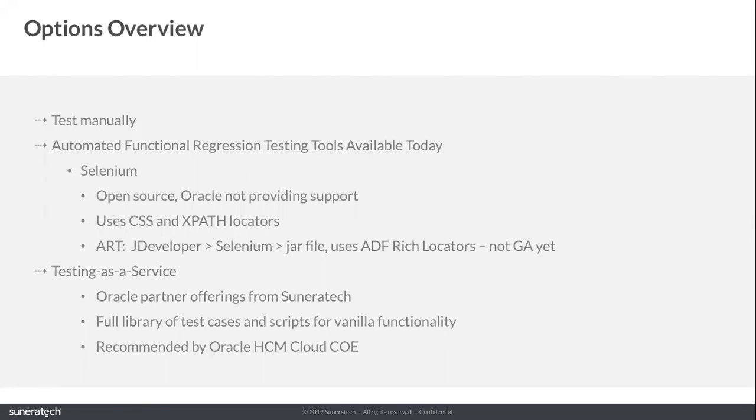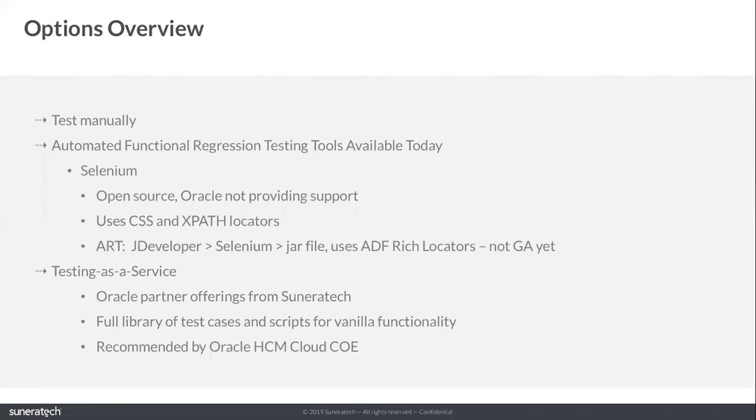Then the other option is to go testing as a service. And when you talk to me about testing as a service, I continually point customers at Cineratech. And the reason I point them at Cineratech is you got the platform, you got the test cases, you got the test scripts. In fact, I'll let you in on a little secret. And I'll probably get my wrist slapped for saying this out loud, but I'm going to anyway.